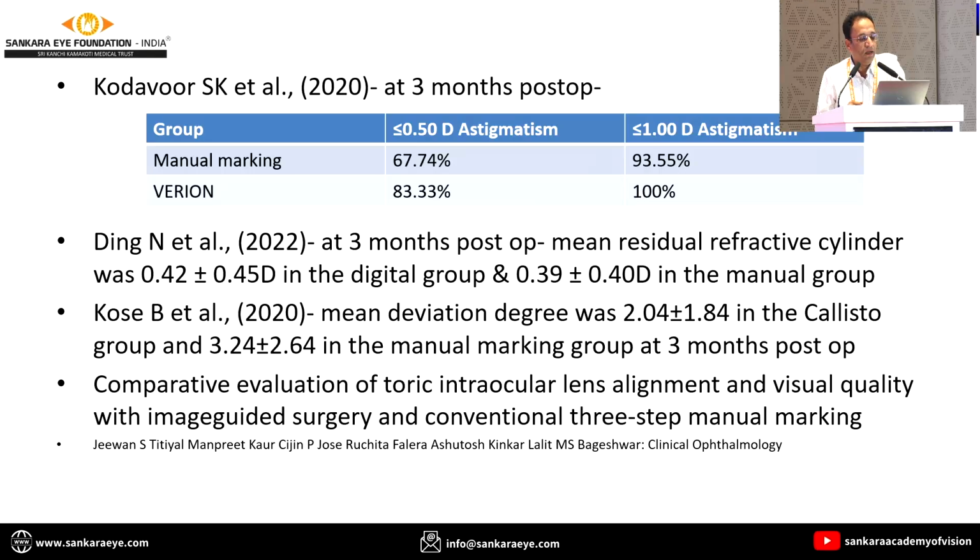And in the latest one, he has compared both, and he said that he made a small variation on table using a 26 gauge needle directly at the axis, not the horizontal or vertical, directly at the axis, and he said that improved his outcomes, and the manual and the digital marking to some extent matched, and there was no significant difference, especially when they went for the mean deviation less than 5 degrees. Both were well within less than 5 degrees.